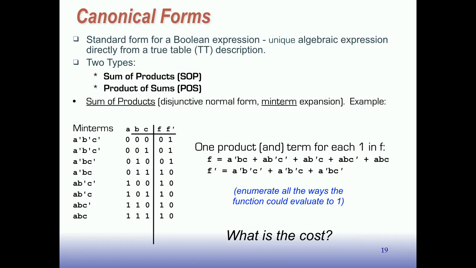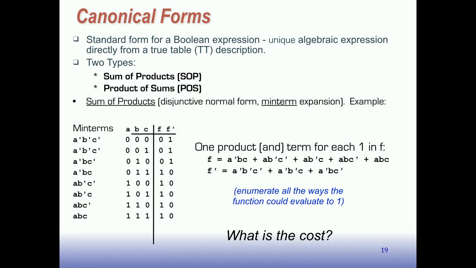So then we can write a Boolean expression that enumerates all the ways that this function f could take on the value of 1. And that's the sum of products form. There's an example here. It's really just the OR of some of the min-terms, because this function can take on a 1 if this is a 1, or if this is a 1, or if this is a 1, or if this is a 1, or if this is a 1.